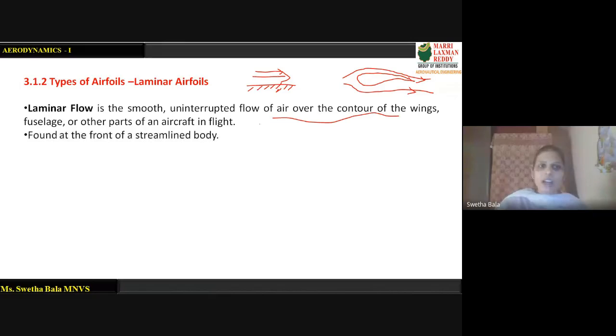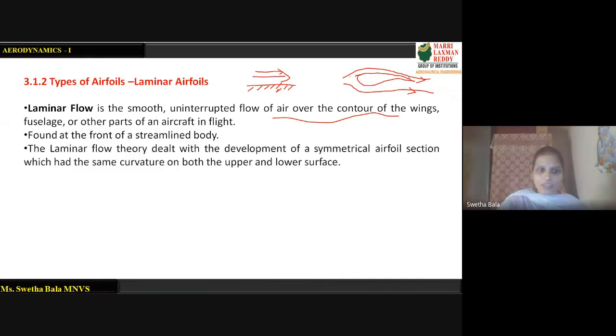Next one is the front of a streamlined body. Any body which is a streamlined body, we try to make it a laminar flow airfoil, or start with a laminar flow airfoil. The laminar flow theory deals with the symmetrical airfoil section.